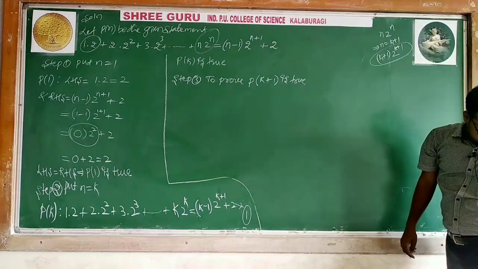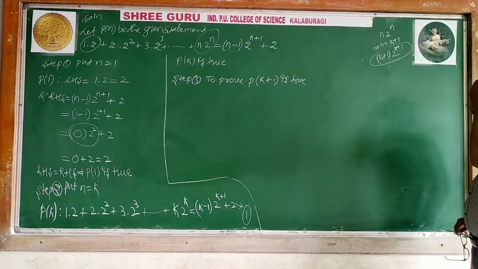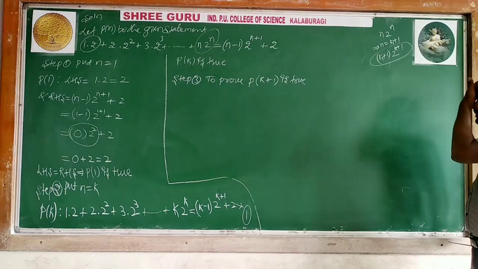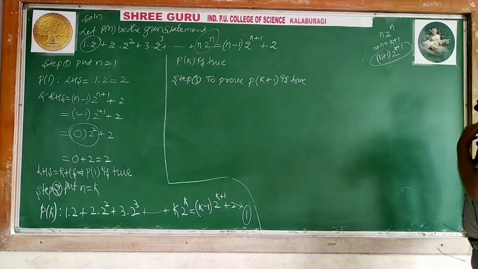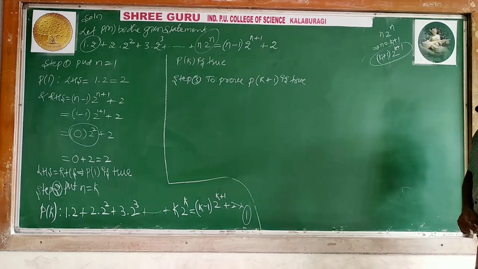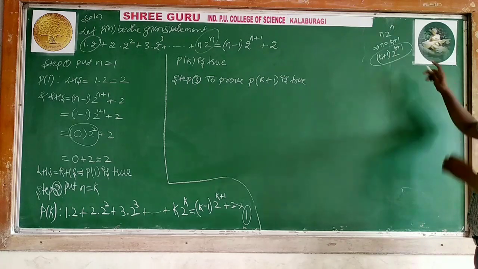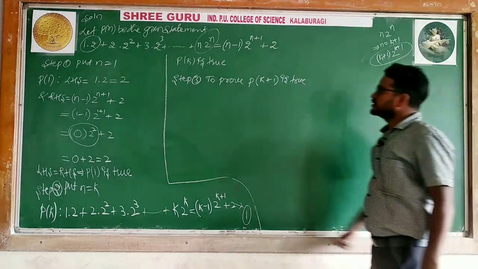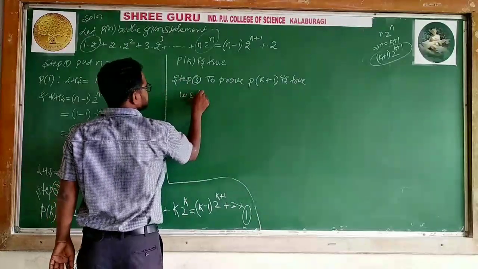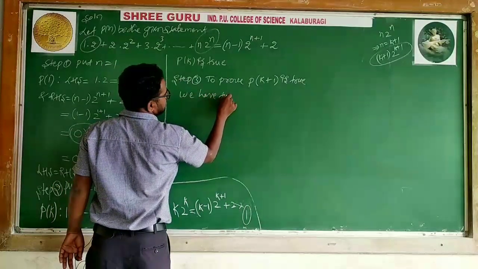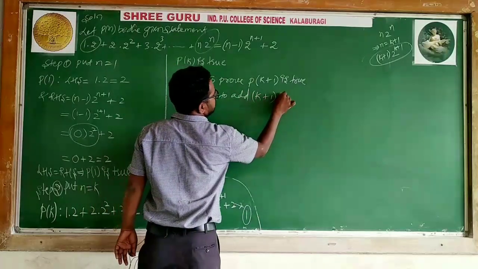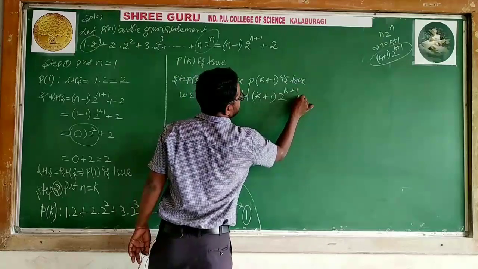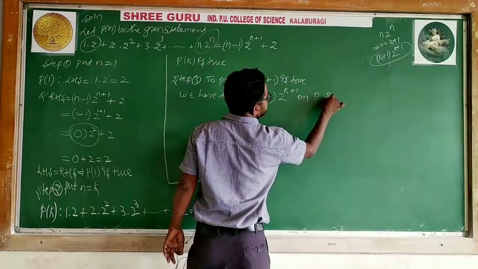The nth term is replaced by k plus 1, so wherever n is there, you substitute k plus 1. This is the addition term. What we need to add is k plus 1 into 2 to the power k plus 1 on both sides of equation 1.